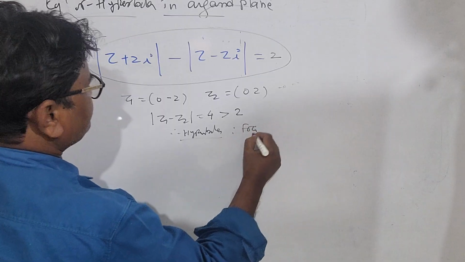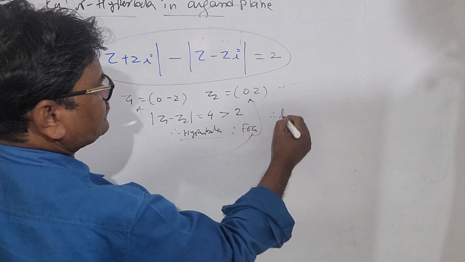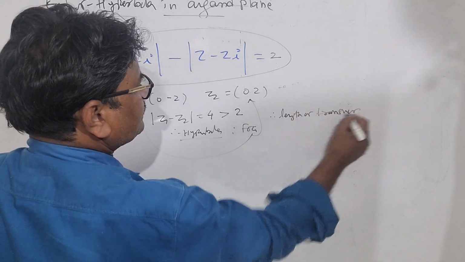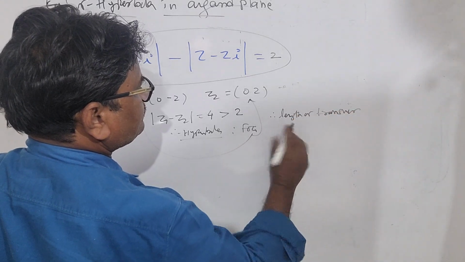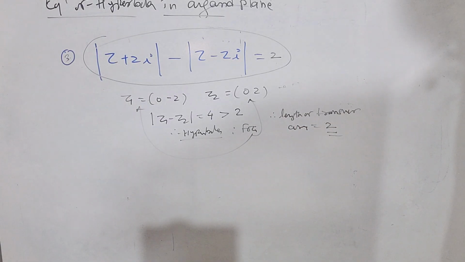The foci are z1 and z2, and the length of the transverse axis is 2.